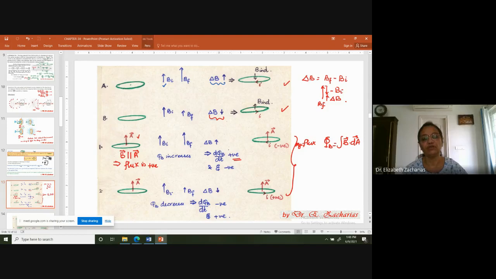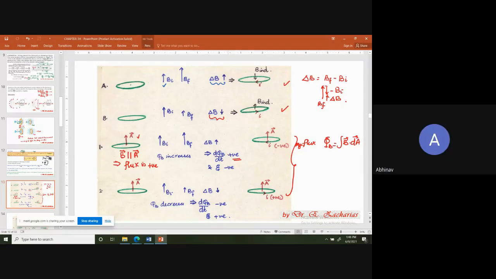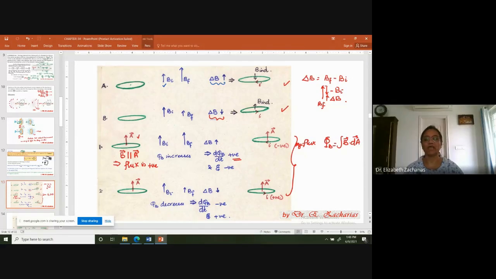How many of you understood what I've said? Do you want me to repeat this? Yes. Right. I'll once more repeat. I am talking in the second set of pictures in terms of flux because Lenz's law, Faraday's law, everything is in terms of flux.